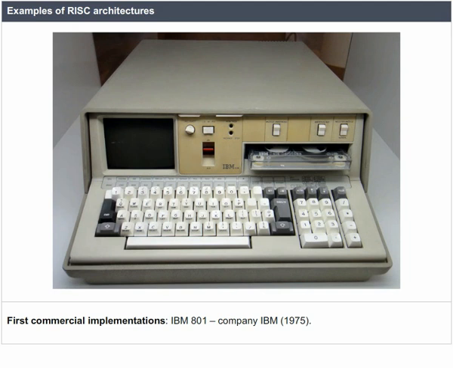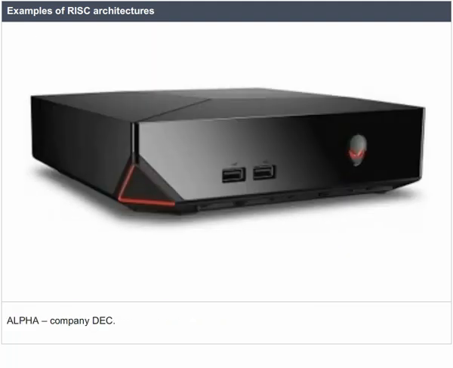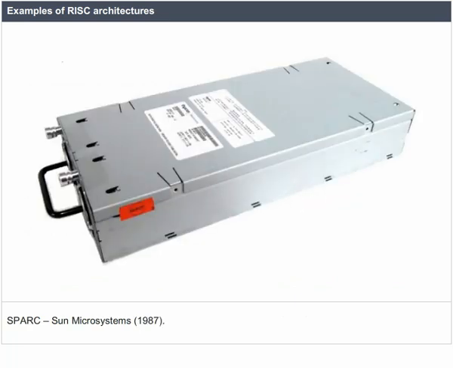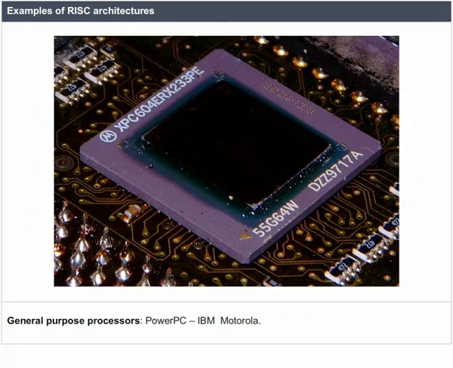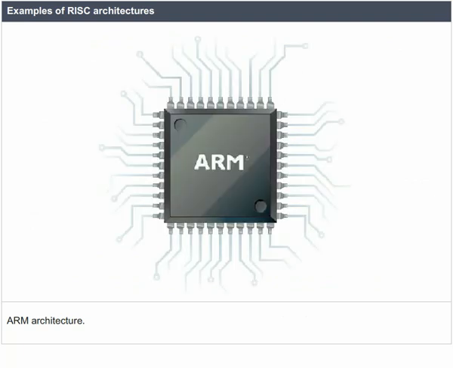IBM 801 by the company IBM, 1975. Alpha by the company DEC. SPARC by Sun Microsystems, 1987. General purpose processors. PowerPC, IBM, Motorola. ARM architecture.